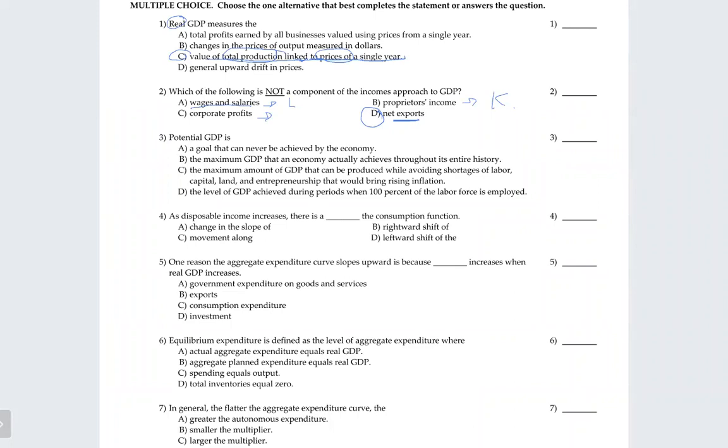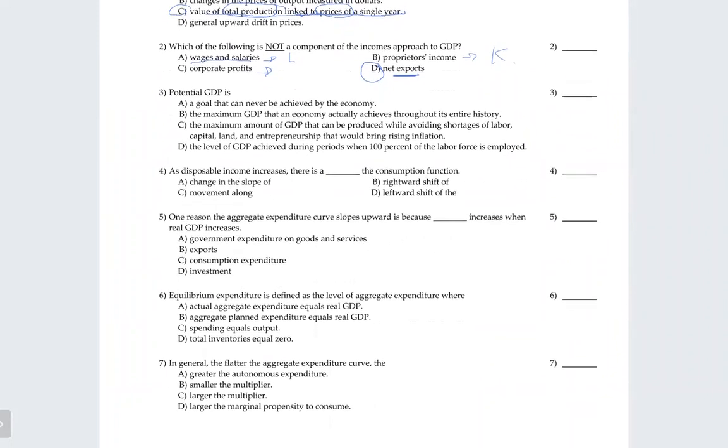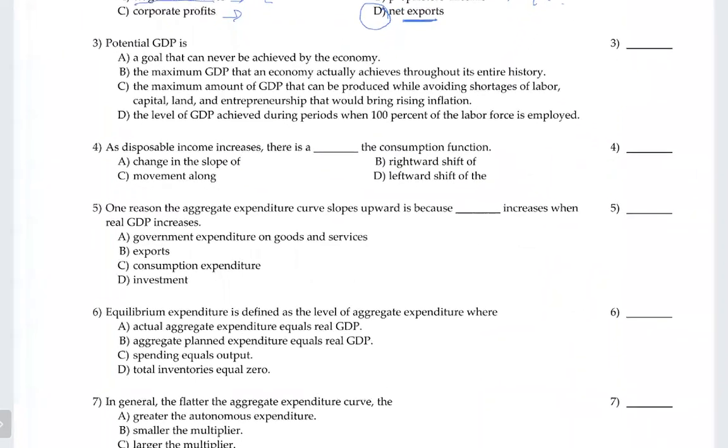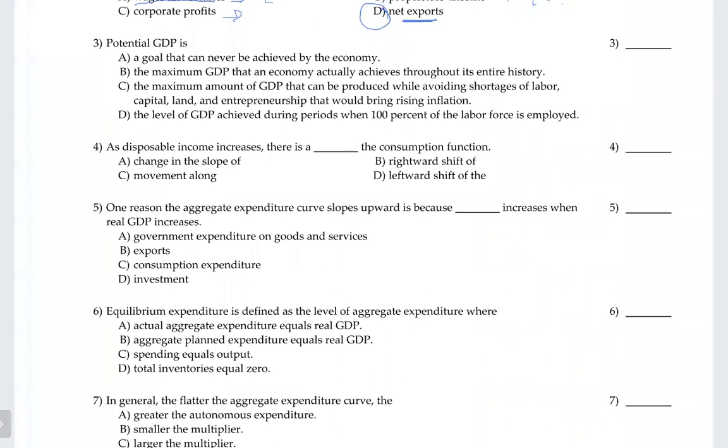Now, 3, potential GDP is... the answer is C, the maximum amount of GDP that can be produced while avoiding shortage of labor, capital, land, entrepreneurship that will bring rising inflation. Potential GDP essentially is what the economy can produce in the long run.